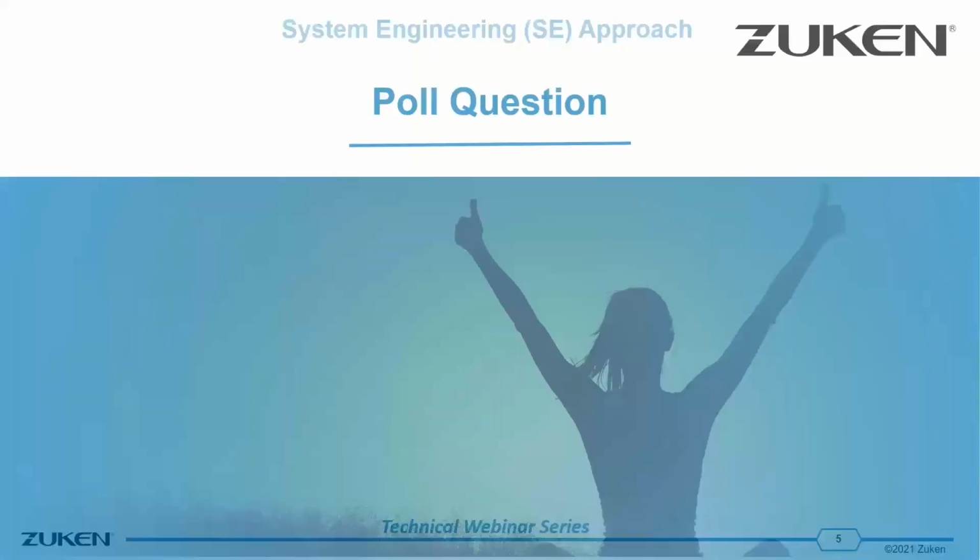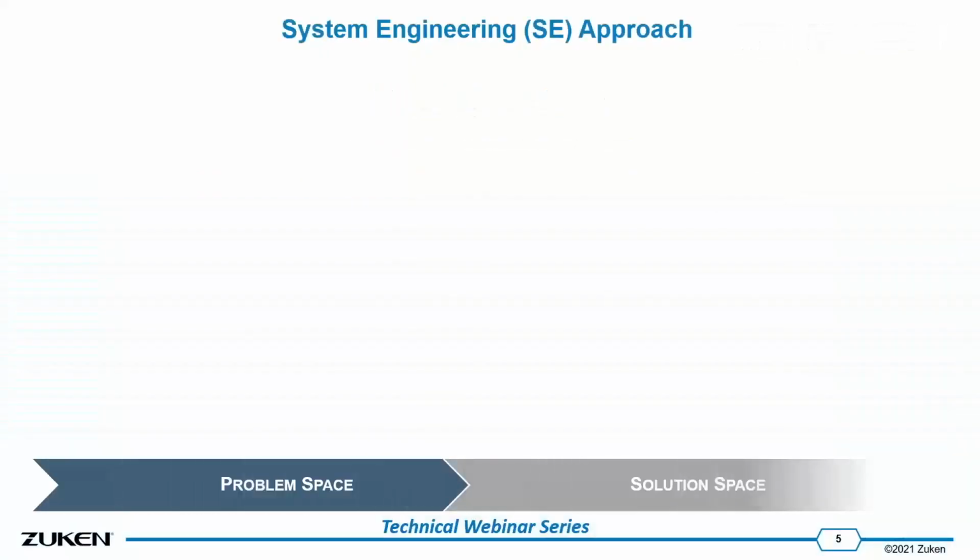So I'm going to start, wrong direction. Start with the very abstract. Systems engineering likes to break things into two spaces. A problem space, which is where we talk about needs and definitions of what the problem is, and the solution space, which becomes then your implementation space.